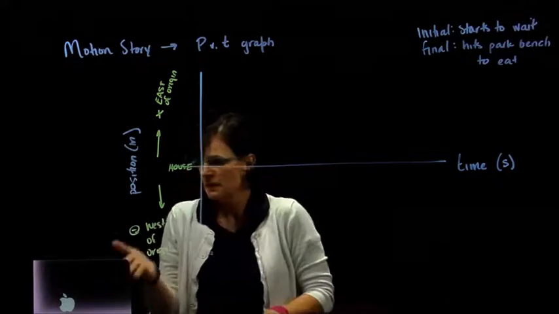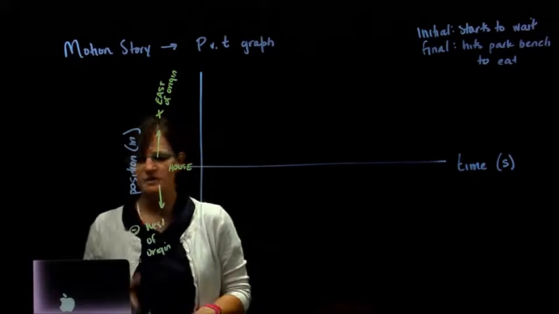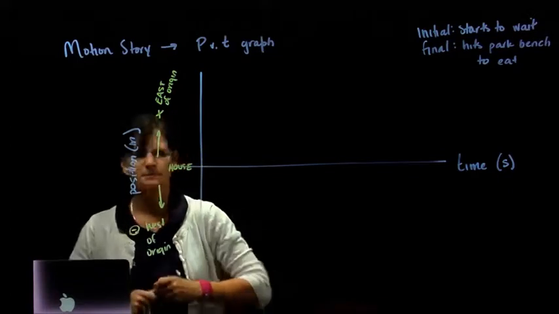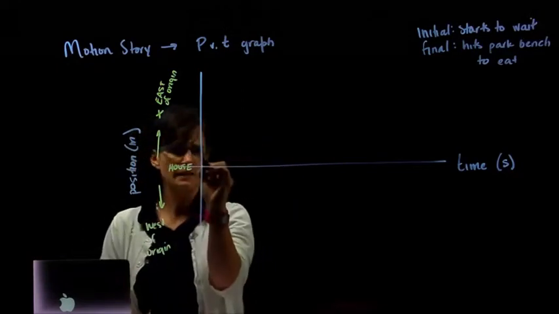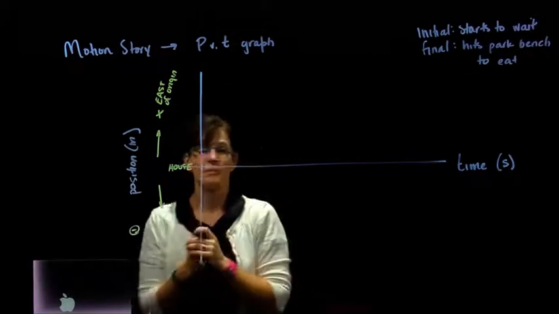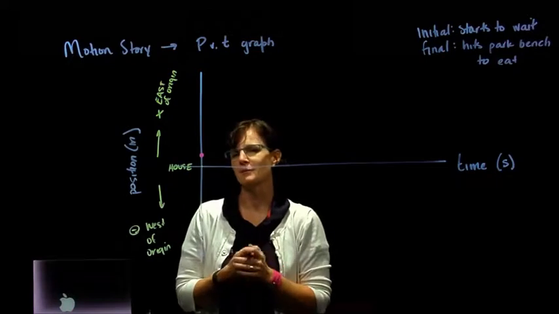It says Samuel. His friend's Peter. Where does Samuel start? Samuel starts 3 meters from his house. So let's say that 3 meters is right here, and I'm giving myself lots of room up there. It's 3 meters from his house, and it doesn't actually say whether that's 3 meters east or west.